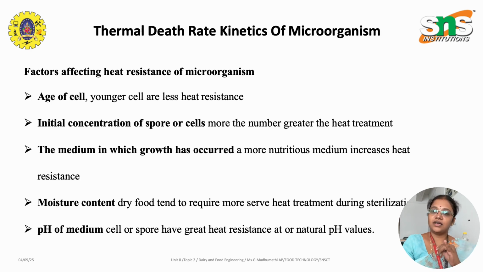They depend on the bacteria cell's age, the initial concentration of the cell or spore, the medium in which the bacteria has grown, the moisture content of the particular dry food, and the pH of the food. These are the 5 factors that contribute to the microorganisms' resistance to the sterilization technique.